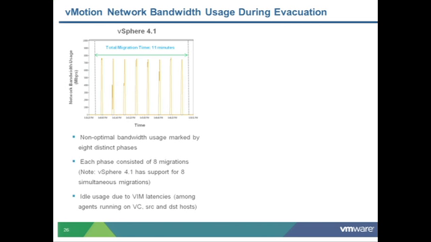During each phase, as you can see, we were able to use about 8 Gbps of bandwidth. So we were able to use the bandwidth very effectively, but unfortunately, between all these phases, the network usage remained idle because of all the management latencies. So obviously, it's not optimal, and we made tremendous improvements here.